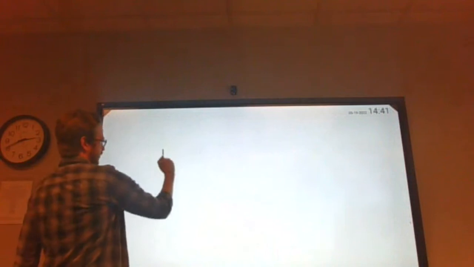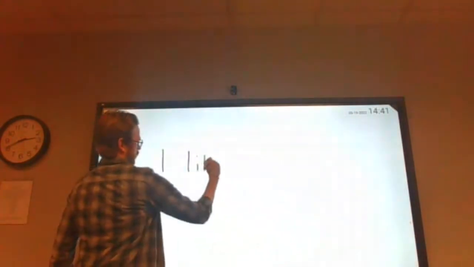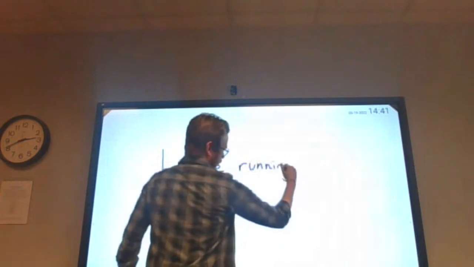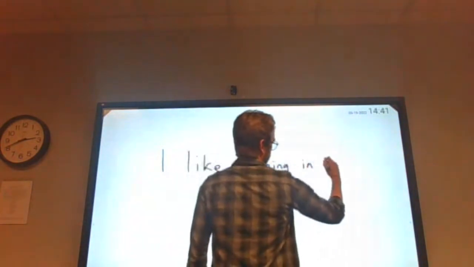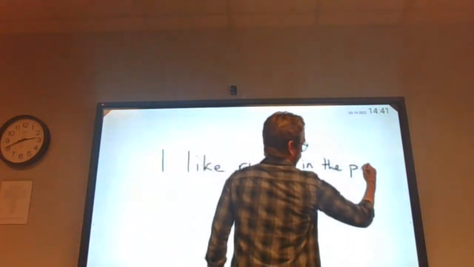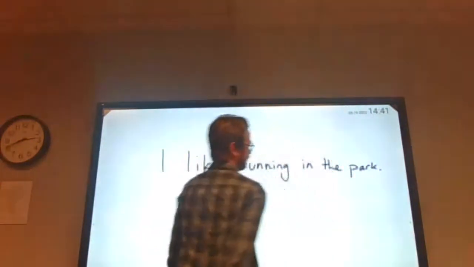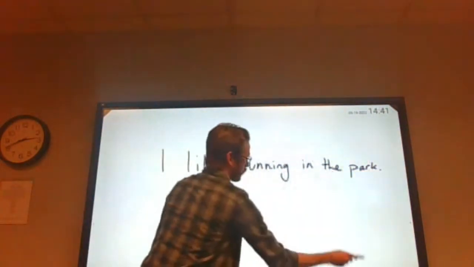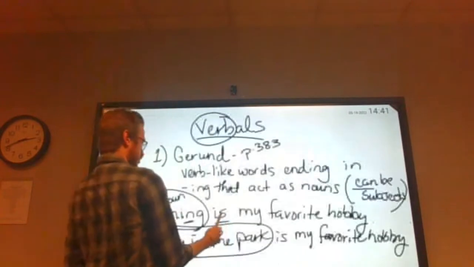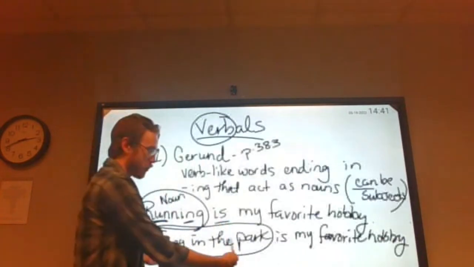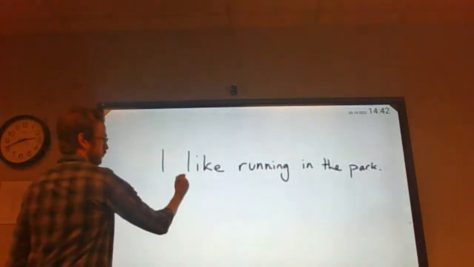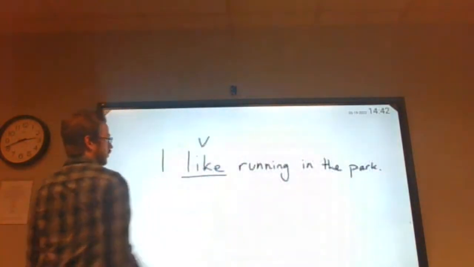I'll also lie. I like running in the park. No, I don't. Storyteller. Now, if you'll notice, running in the park, same gerund as we just had. Let's find our verb. Like.